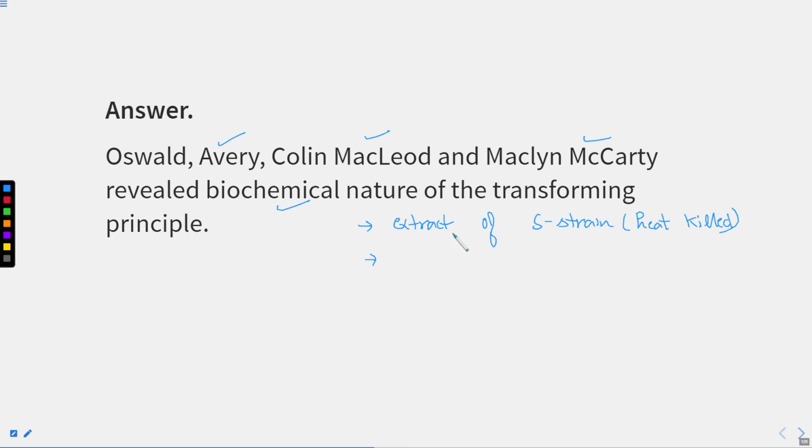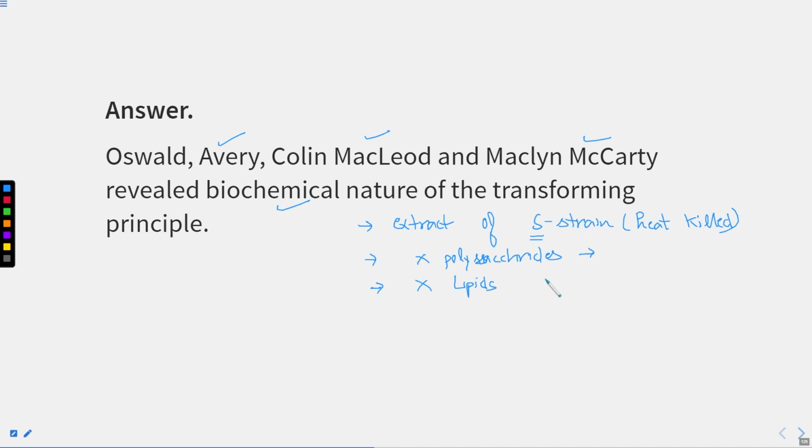Now, what they did, first of all, in the first experiment, they made this extract, and from the extract, they removed the polysaccharide. First, they removed the polysaccharides or the carbohydrates. Polysaccharides are carbohydrates, so you can use amylase, an enzyme, to get rid of the carbohydrate. Then in the second setup, they got rid of the lipids.